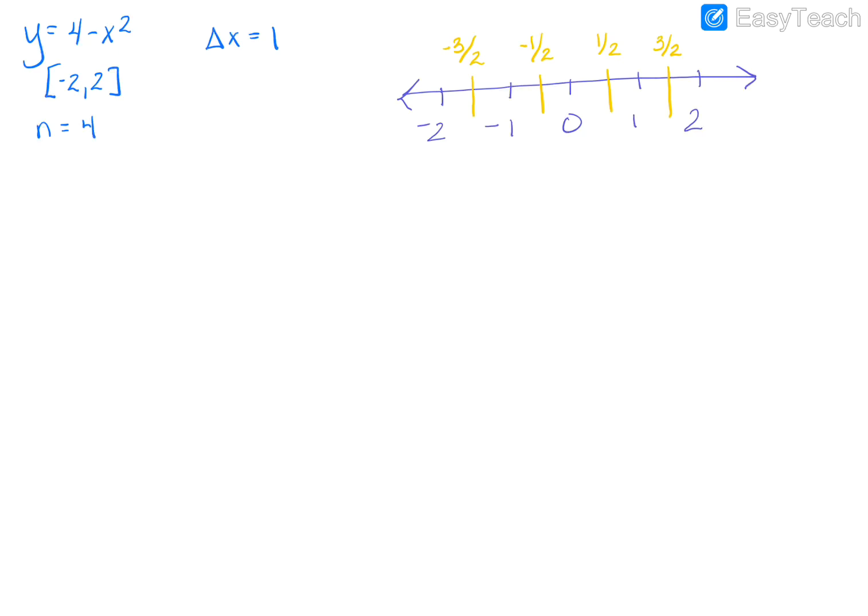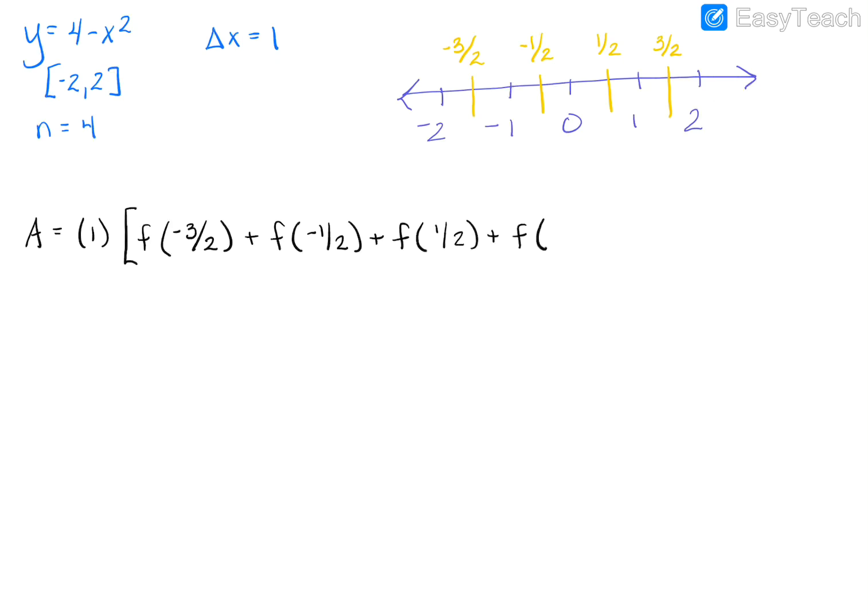So what that's going to look like is area is equal to delta x, which once again was 1. And then do f of -3/2 plus f of -0.5 plus f of 1/2 plus f of 3/2, and then compute from there.